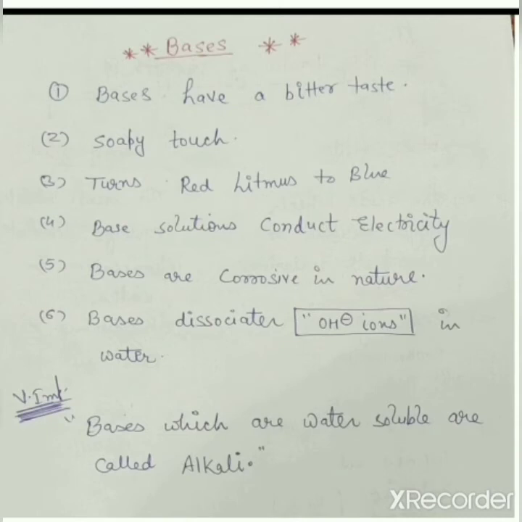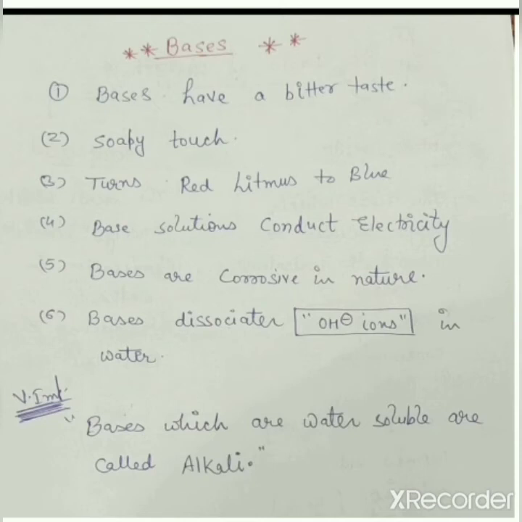Bases are corrosive in nature. Generally, strong bases which completely dissociate in water are corrosive in nature. But the most common property to identify a base is that they dissociate hydroxide ion in water, OH minus.